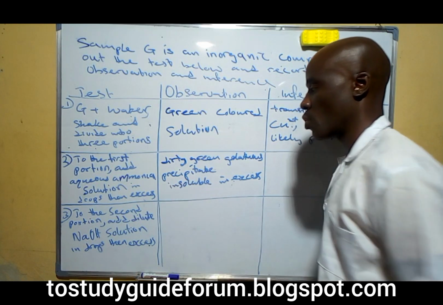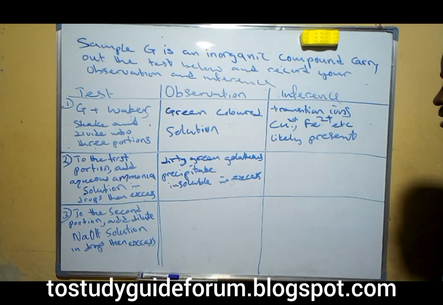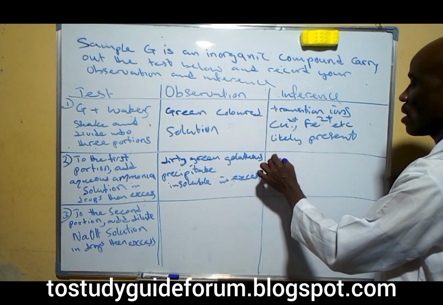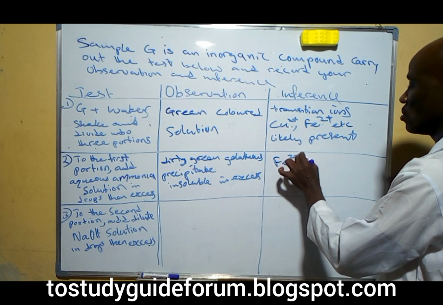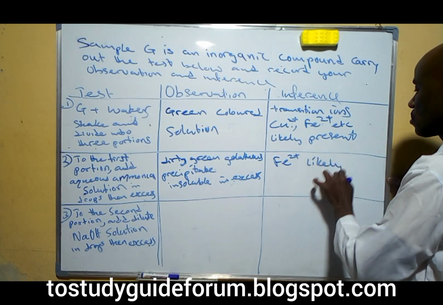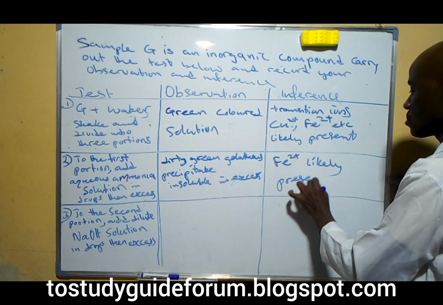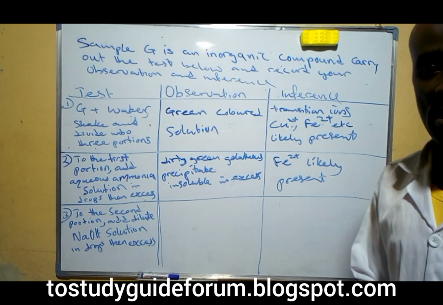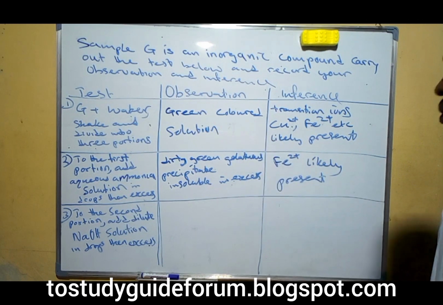The precipitate is insoluble in excess, and for the fact that it is insoluble in excess and is a dirty green gelatinous precipitate, iron 2 ion is likely present in the solution.